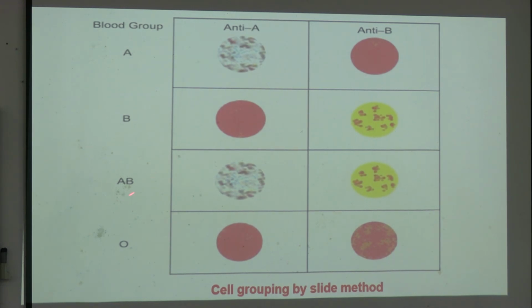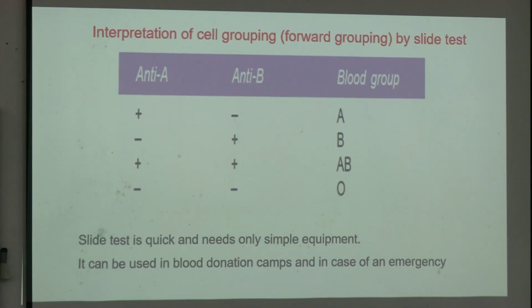In case of blood group AB, agglutination has occurred in both, and in case of blood group O, there is no agglutination. Here is a chart of interpretation of the forward grouping, as I have explained earlier, for all the blood groups where the agglutination has occurred.